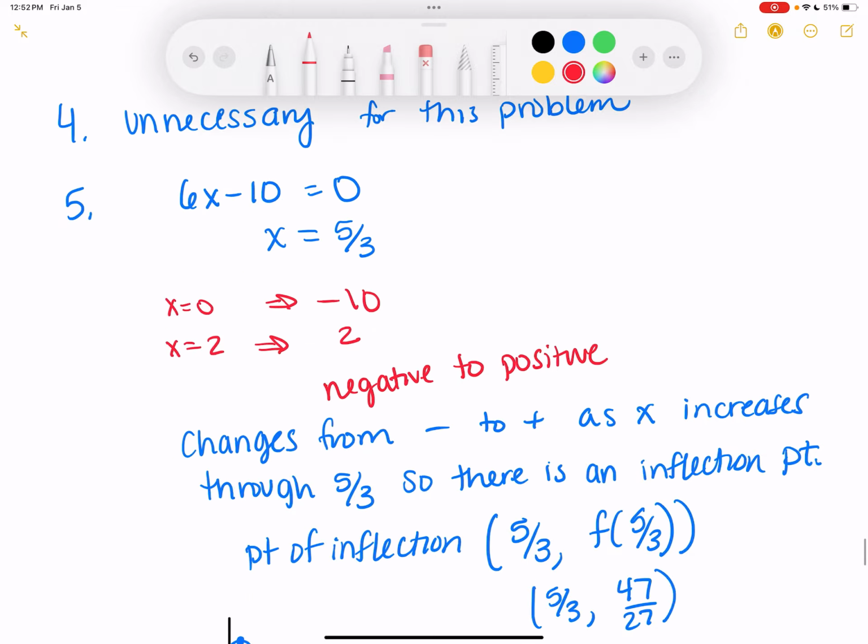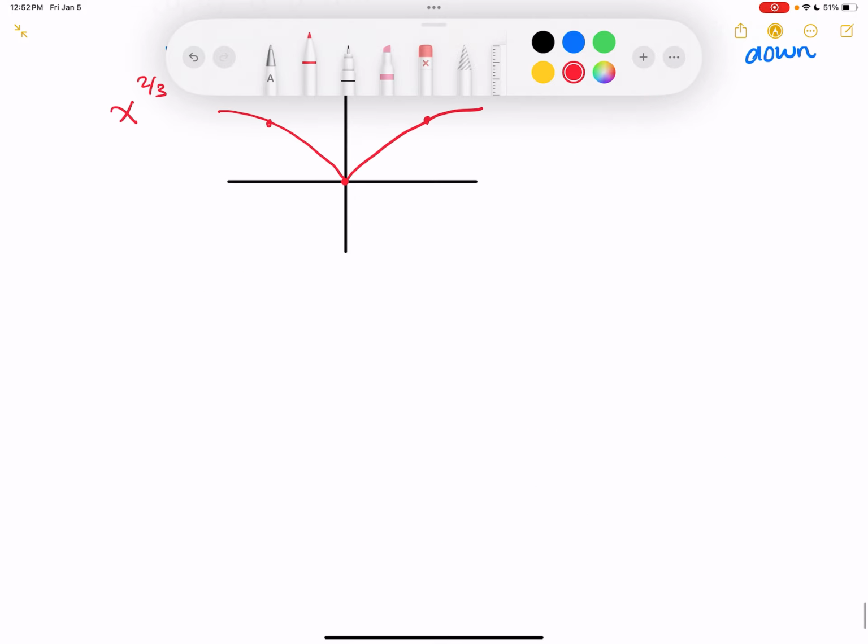So, this says sketch the graph. We probably won't do the actual sketching part. We'll just do the finding the information part. But f of x equals x to the 4th minus 4x cubed. So step 1, I need my first and second derivative.